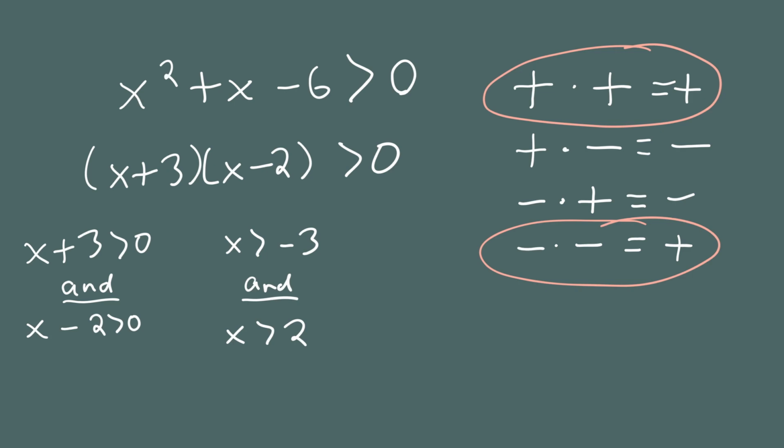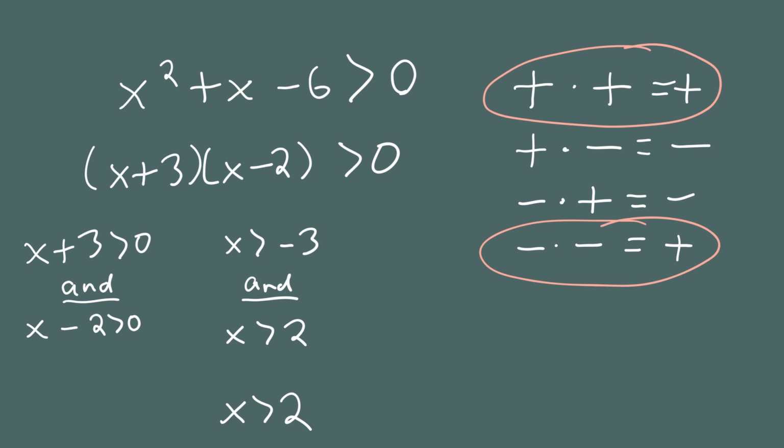When is x greater than -3 and x is greater than 2 at the same time? Well, in that case, it only happens when x is greater than 2. So we can simplify, rather than leaving it like this, and just write it as x is greater than 2. So when x is greater than 2, both factors are positive, so their product is positive.